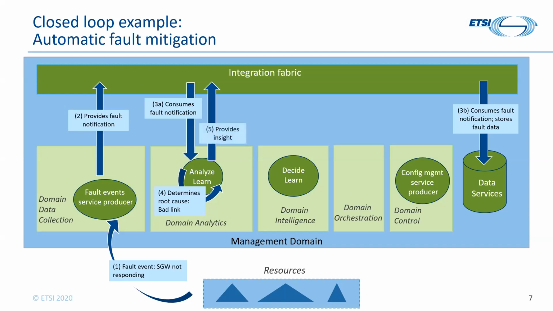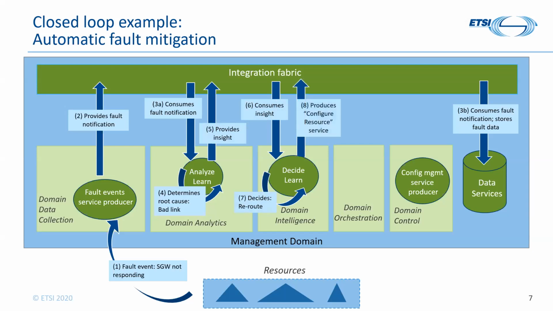It then provides the insight and pushes it to the integration fabric. The insight gets picked up by the domain intelligence. The domain intelligence determines the instruction on what needs to be done to fix the issue.